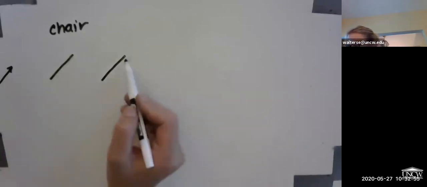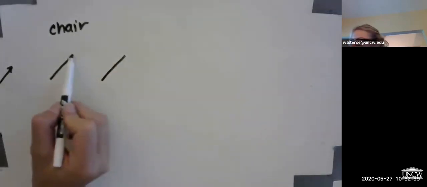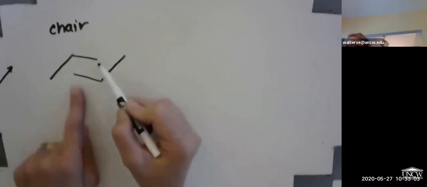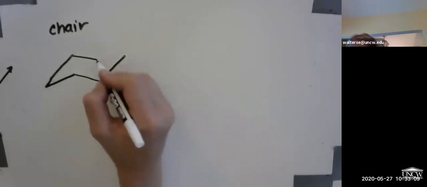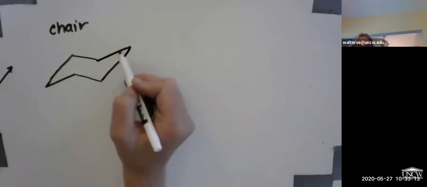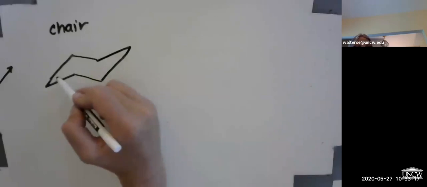So 2 parallel lines pointing towards the upper right. Come down and come back up, but don't have these points overlapping. Draw it down and then draw it up and connect. Okay, so the head would go here, your booty, your knees, your feet.